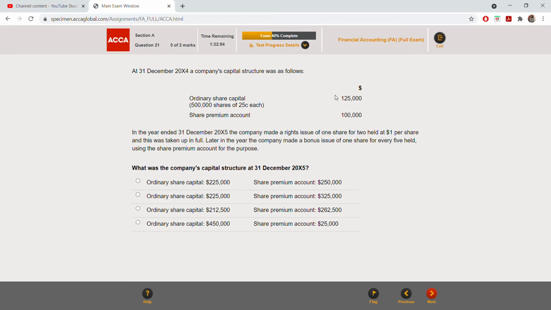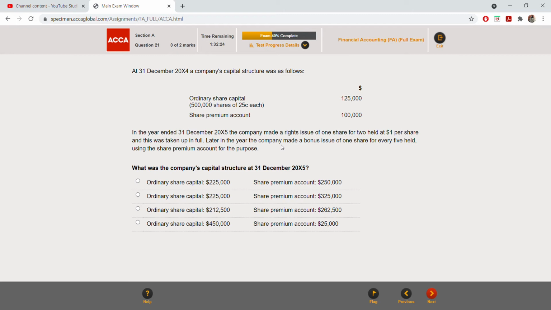Then there's a bonus issue. Bonus issue will be how much? 1 share for every 5 shares held later in the year. That means first you are making a rights issue, then you are taking the bonus issue. Are you taking 125 divided by 5? No, you also have to add your rights issue now. So 125 plus 62.5, 187.5, divide that by 5.